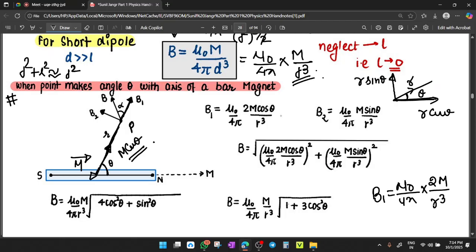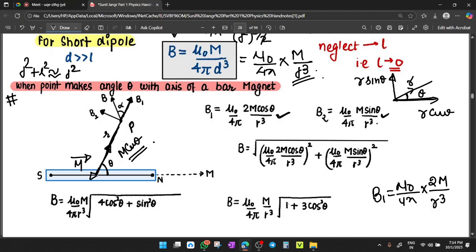So B1 equals 2m cos theta by r cube and B2 equals m sine theta upon r cube, right? Actually, why have we taken m sine theta? We have two components. One is m cos theta, in the direction of theta, and the second component will be m sine theta.